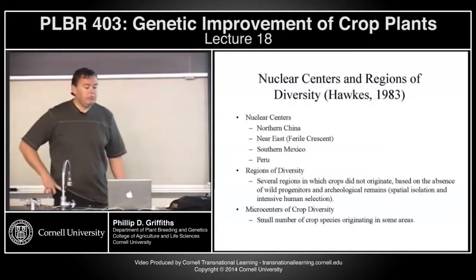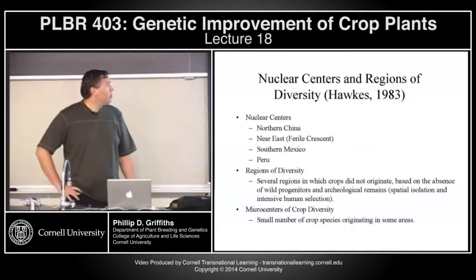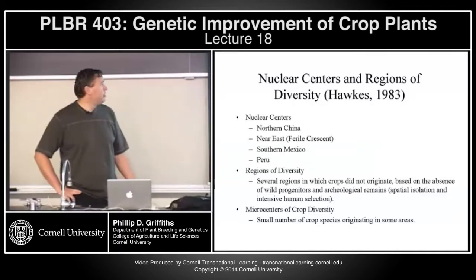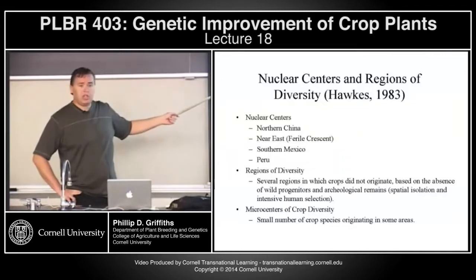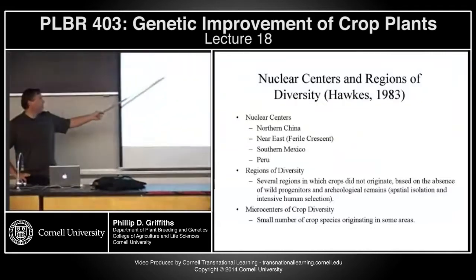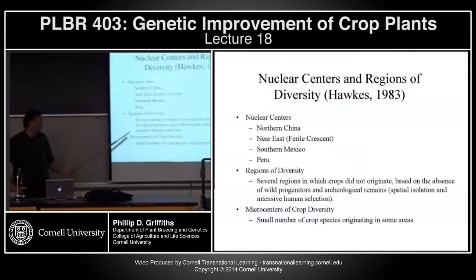More recently, Hawkes proposed the nuclear centers and regions, where he proposed there were basically 4 centers of origin, or nuclear centers, in northern China, the Near East, southern Mexico, and Peru.